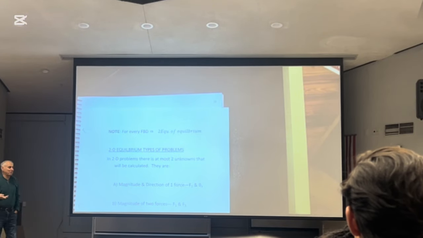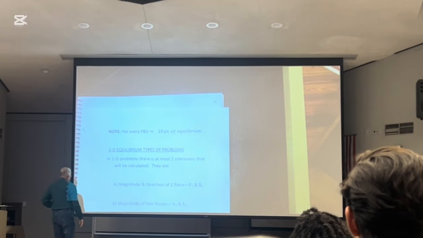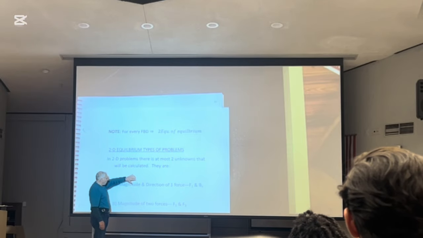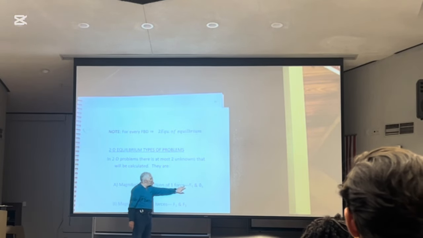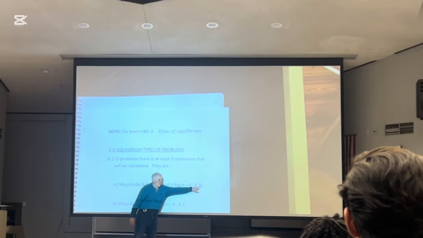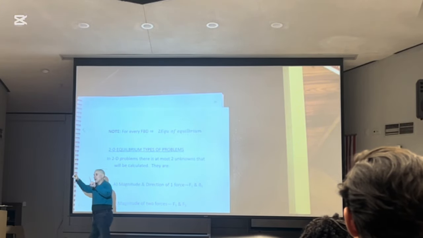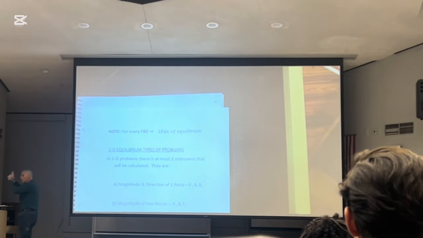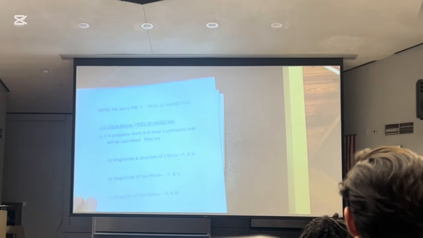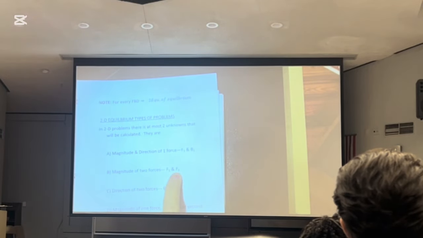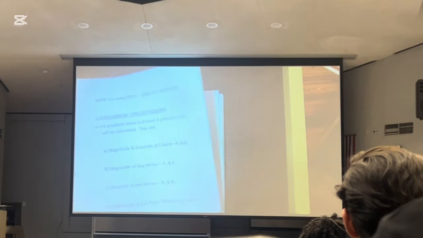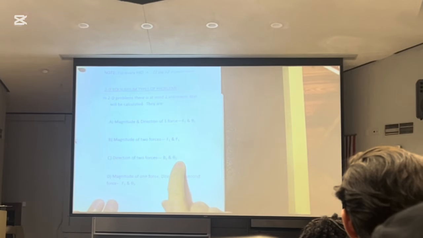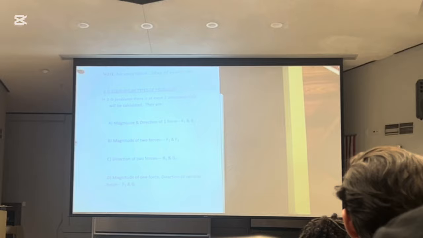There are really 4 types of problems you're going to solve. They want you to calculate the magnitude of a particular force, F1, and the direction of F1. So F1 and theta 1 could be the 2 unknowns. It could be that you're asked to find F1 and F2, 2 forces. It could be you're asked to find theta 1 and theta 2, 2 angles.